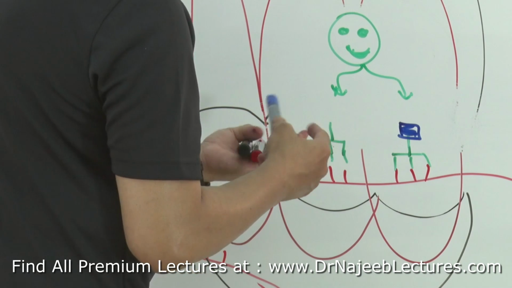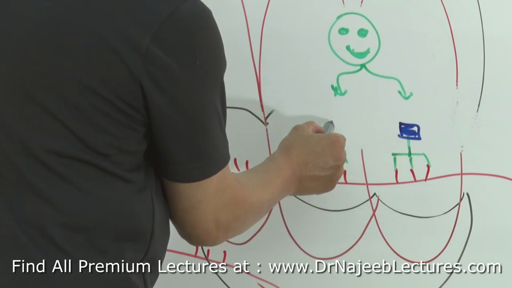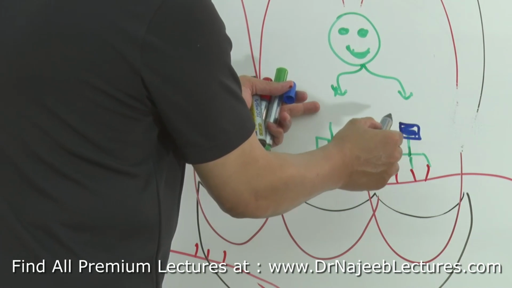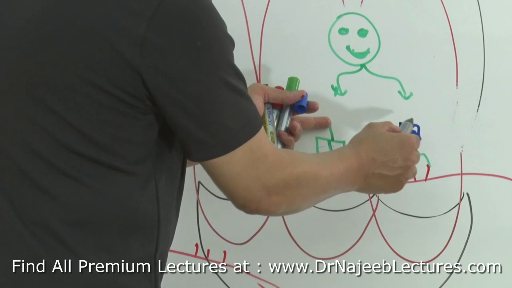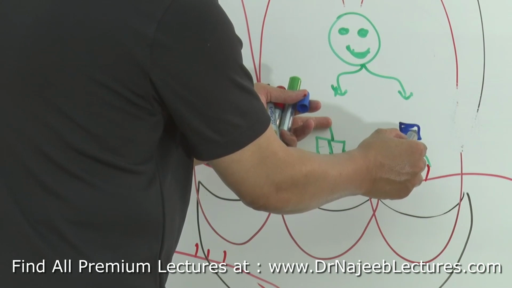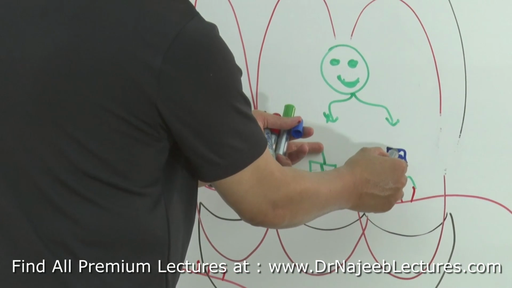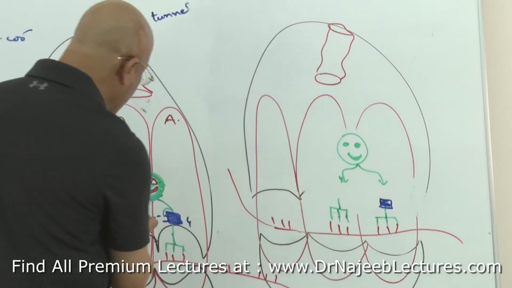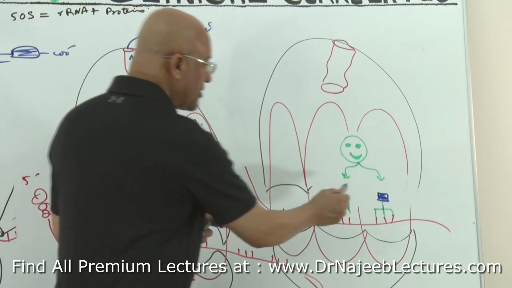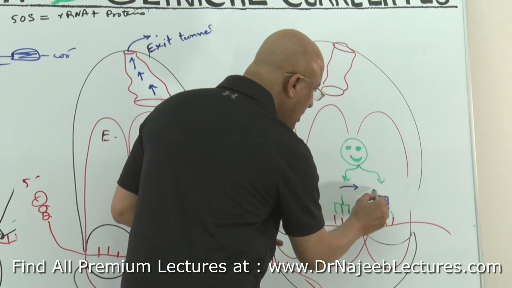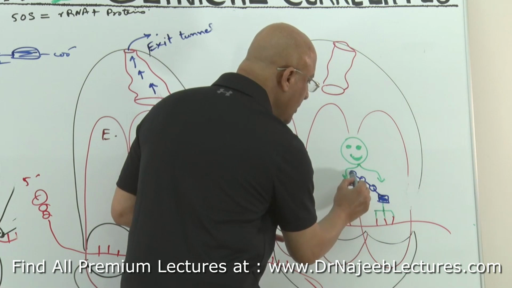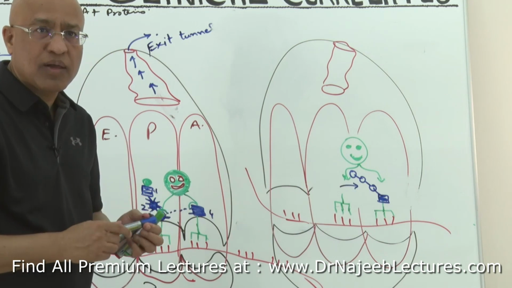Number one, the chain which was present over here at the P site, one of its amino acids and the aminoacyl transfer RNA's amino acid made a bond, and then the chain was transferred from here to here. So now here are the previous amino acids, right?